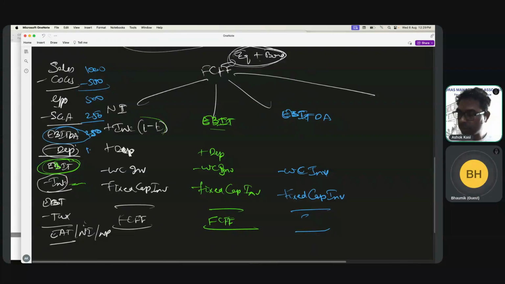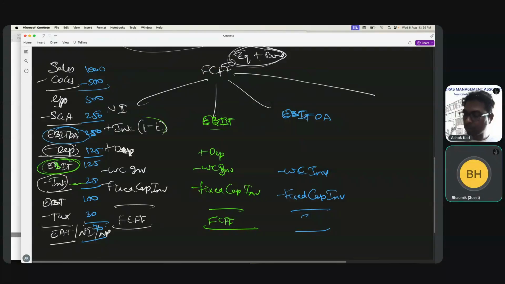Depreciation is, let's say, 125. So EBIT is 125. Interest is, let's say, 25. Earning before tax is 100. Tax is 30, and my net income is 70.